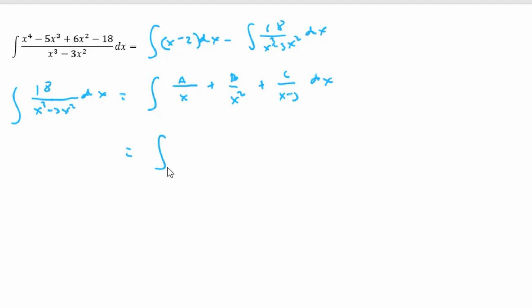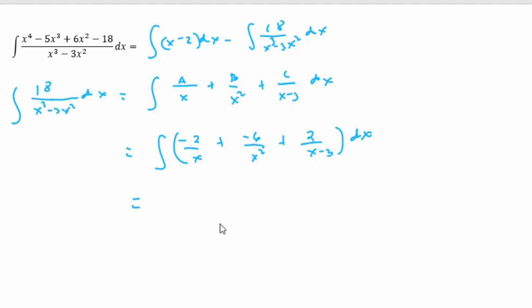The value of a is negative 2, so I have negative 2 over x, plus the value of b, negative 6 over x squared, plus the value of c, 2 over x minus 3 dx.